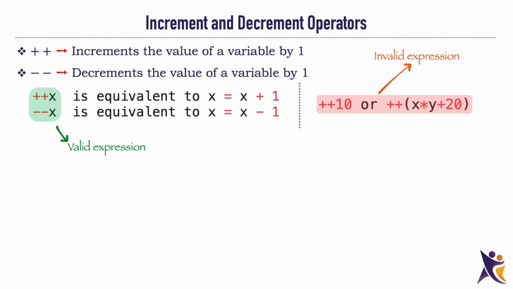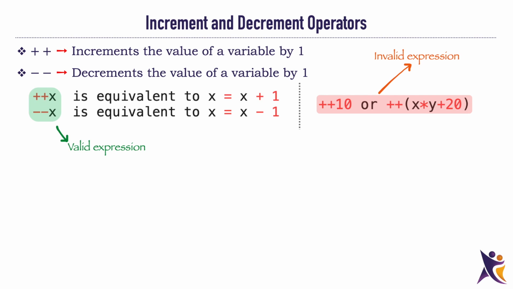These operators are unusual because we can use them either before the variable or after the variable, right? In this example, we have used the increment and decrement operator before the variable x. We can also use the increment or decrement operator after the variable.